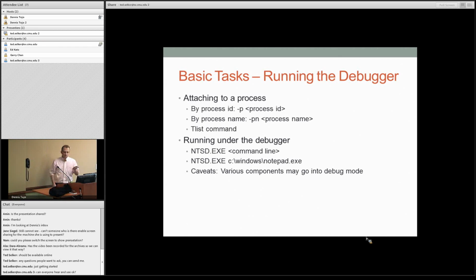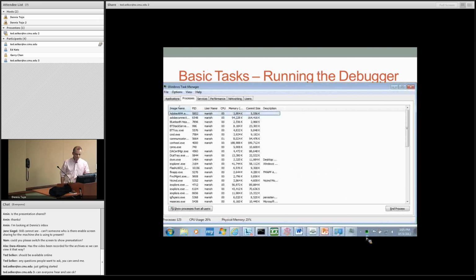If you want to attach to a running instance, you can use the -p switch and you specify the process ID. So every single process in Windows is uniquely identified by a PID or a process ID. That's the one you would specify. You can find it through a large number of ways. The easiest is just Control-Shift-Escape. That brings up the task manager, and in here you'll have all the processes running, including the process IDs.